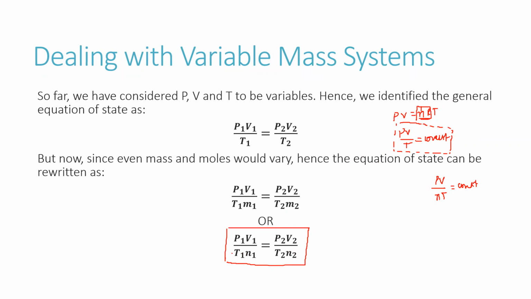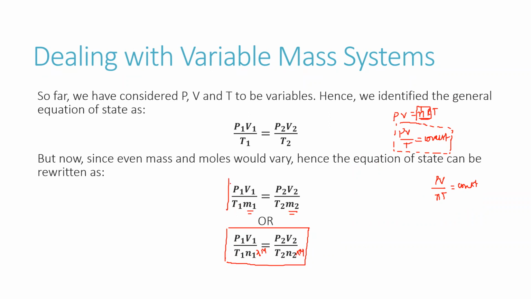And the number of moles can easily be converted into mass. If you multiply the number of moles by the molecular mass on both sides, you will get the mass of the system.